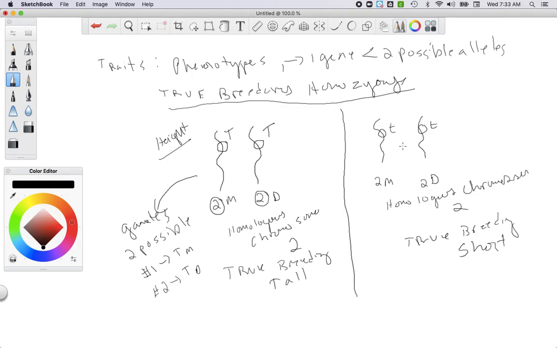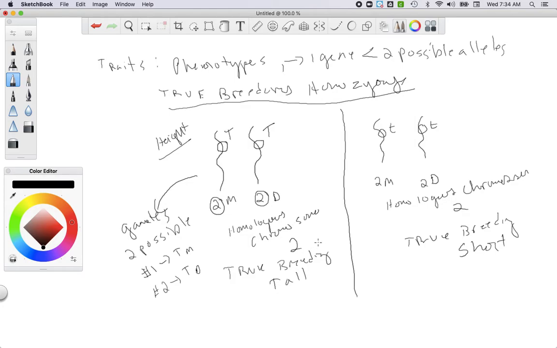And we could do the same over here with the short alleles. This could also make two different gametes, one with a lowercase t from M and one with a lowercase t from D. They would still be different alleles, even though they are identical as far as the gene goes.